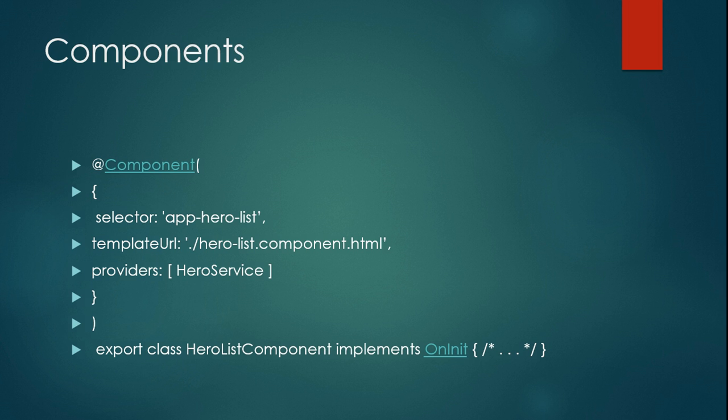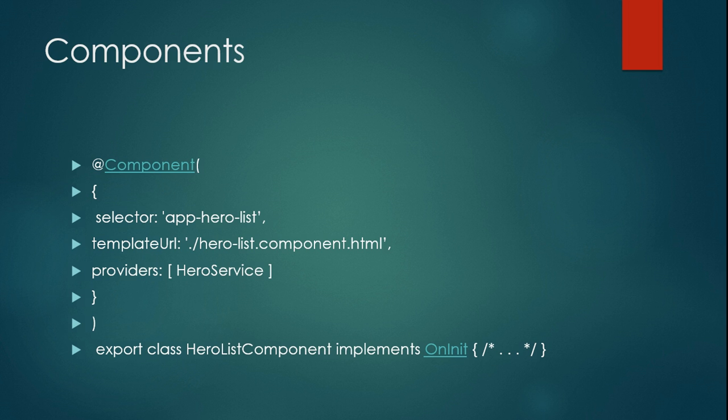If we want to refer to this component, if we want to insert this piece of HTML in any other HTML, then we refer to this component with a CSS selector name. Here the selector name is app-hero-list.